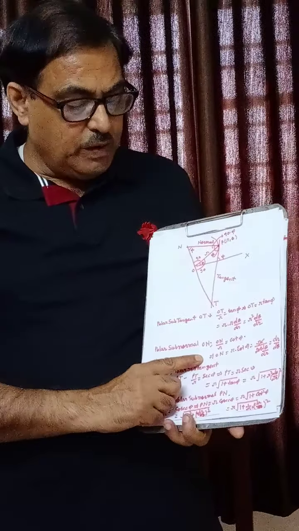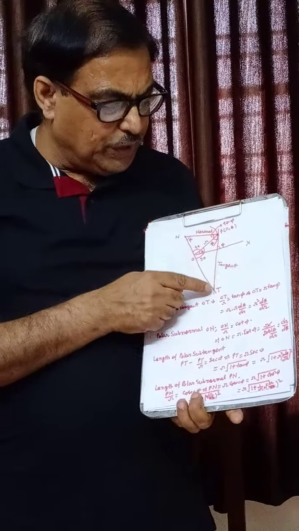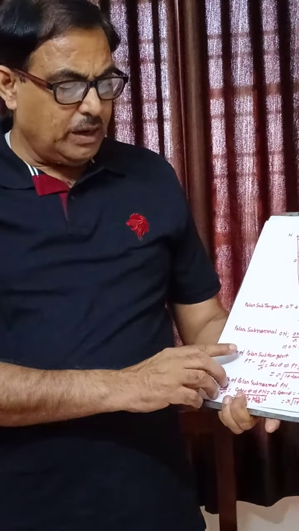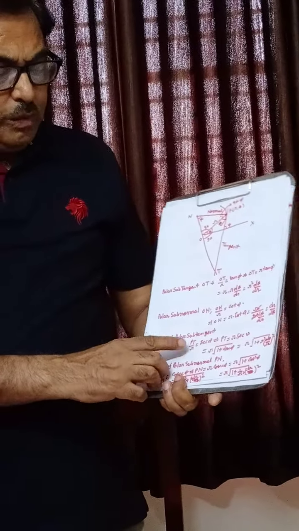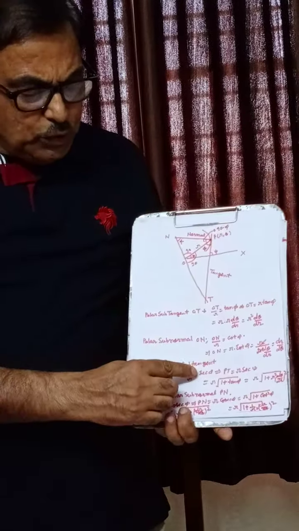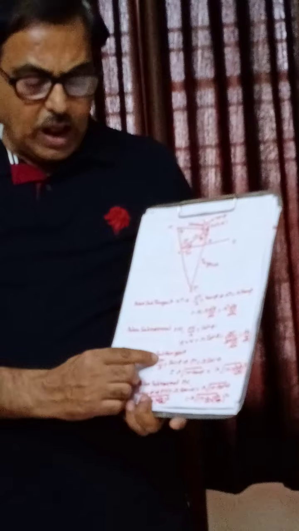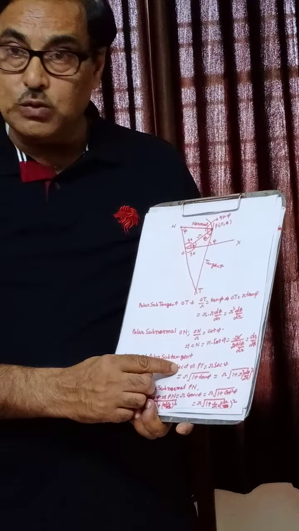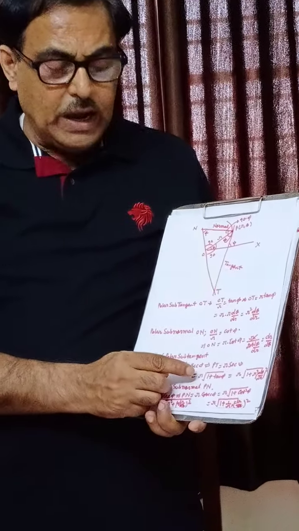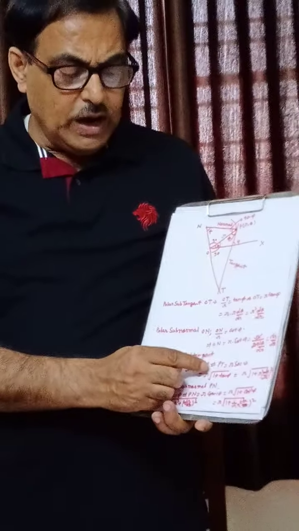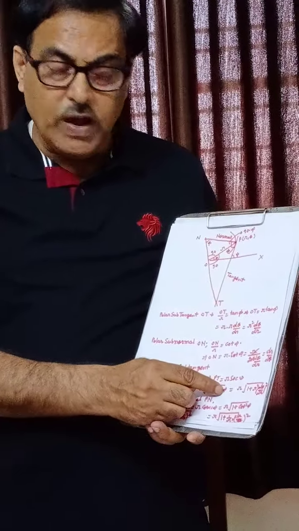Now we will find the length of the polar subtangent, which is PT. Clearly, in the right angle triangle POT, PT upon r is equal to sec phi. PT upon r means hypotenuse upon base is equal to sec phi. So PT is equal to r sec phi, which is r under root 1 plus tan square phi.